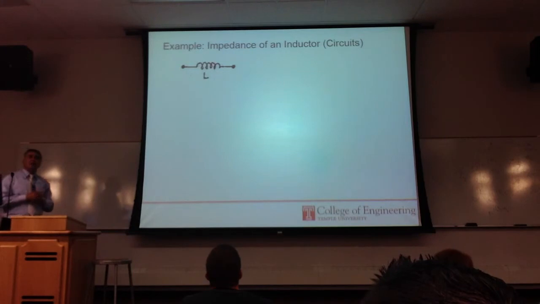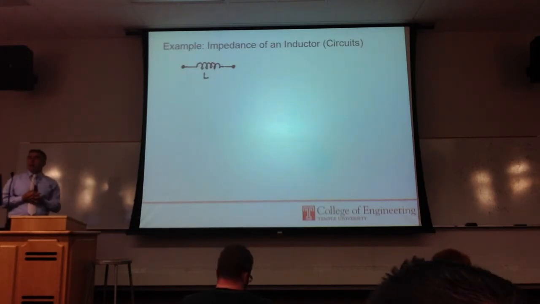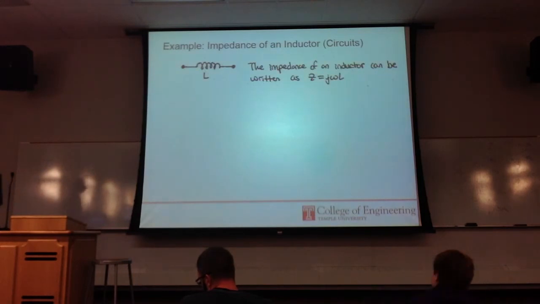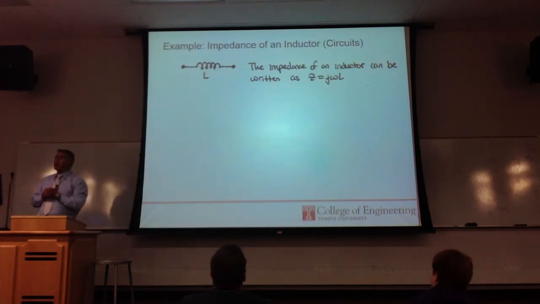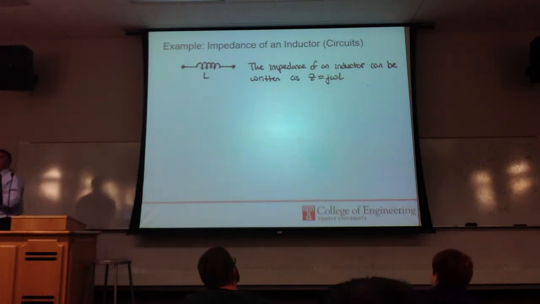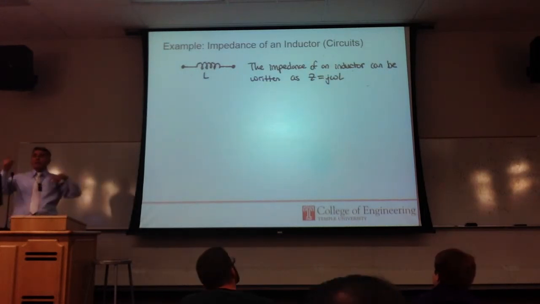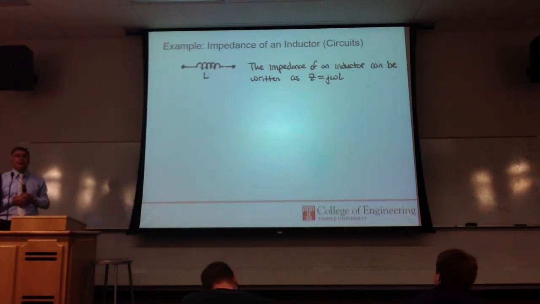So rather than using R, for an impedance we use a new, different term called Z, which is j omega L. That's not W. You have Greek letters, one lowercase, one uppercase. Omega is the lowercase of what you know as the uppercase omega.